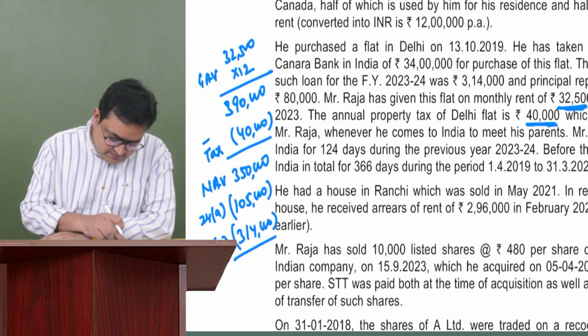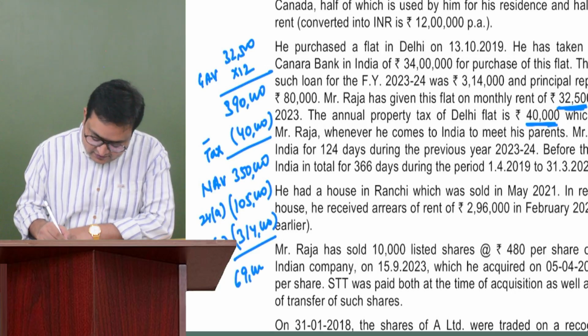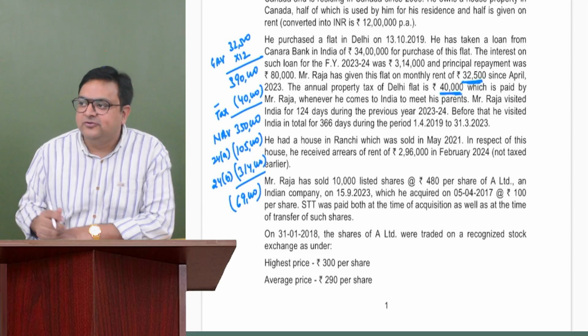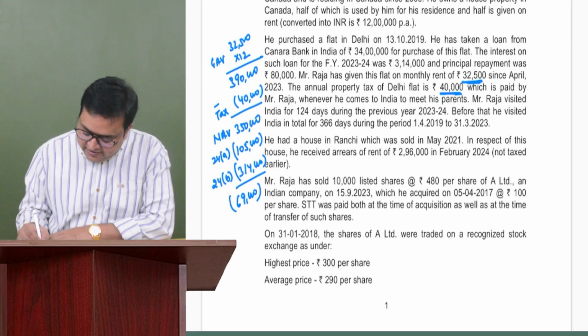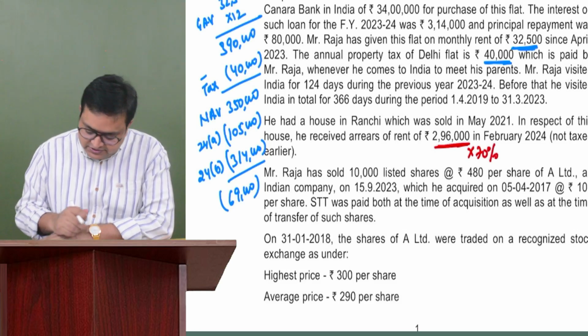So ultimately, from this property there is a loss of 69,000. And then we have arrears of rent as well. Arrears of rent is 296, and you have to take 70% of that, right? 30% would be the deduction.